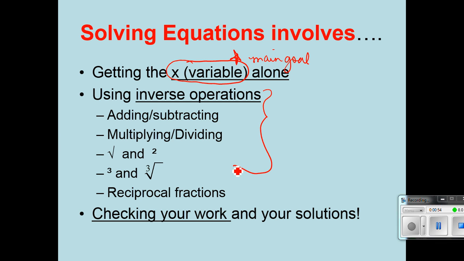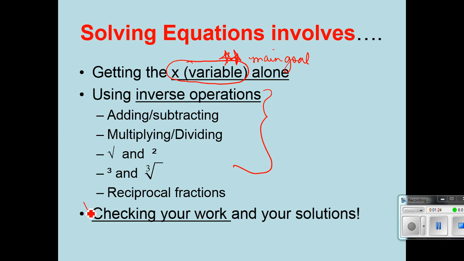We use inverse operations that allow us to move things from one side of the equation to the other. So adding and subtracting are inverse operations, multiplying and dividing, square rooting and squaring, cubing and cube rooting. So with the help of inverse operations, we are going to get that x variable alone.